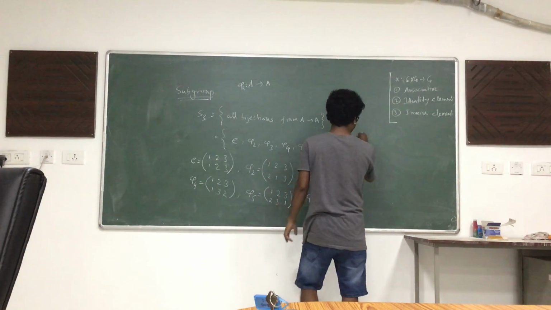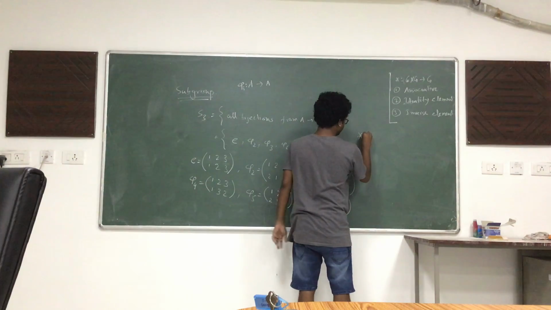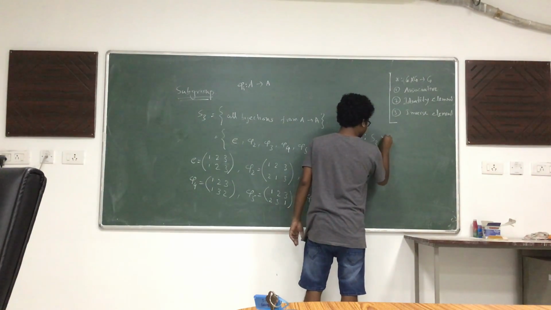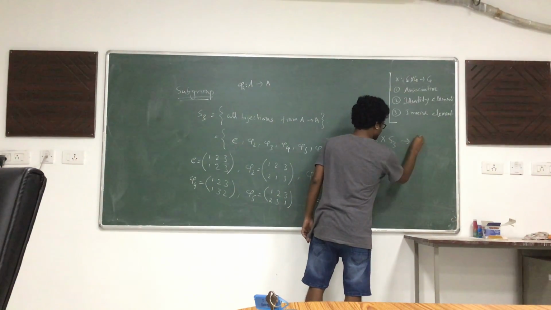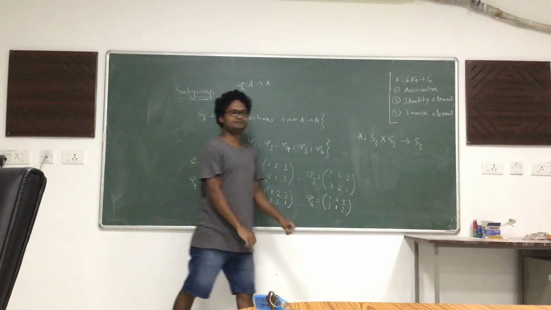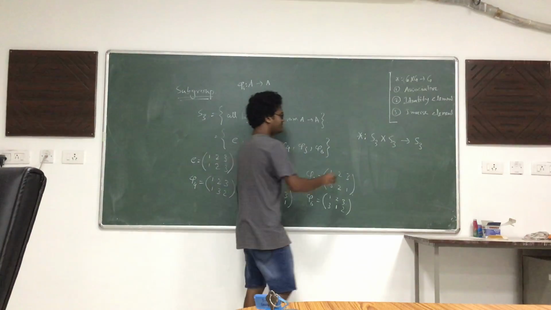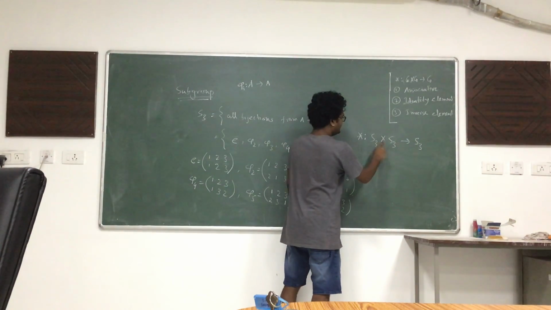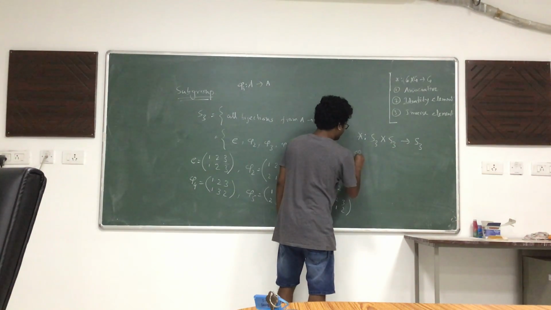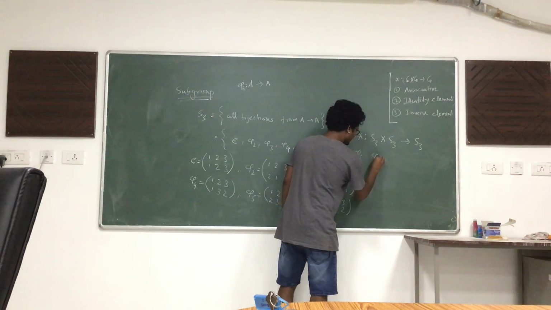That means we have a binary operation we defined in the last class, S3 cross S3 to S3. That means we take an element from S3, another element from S3, that means phi i, phi j.